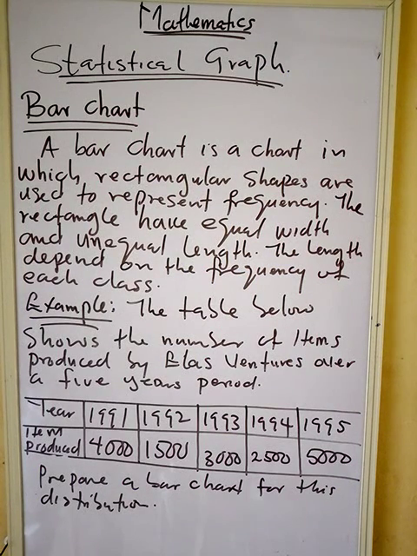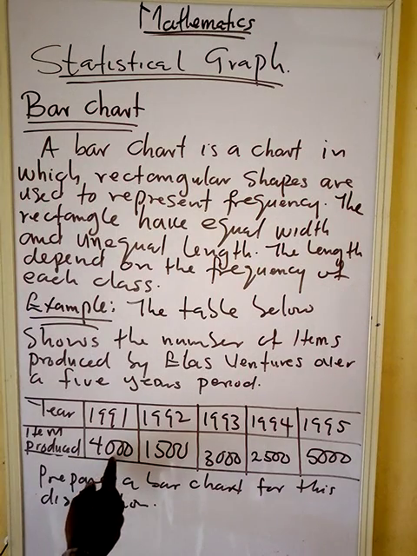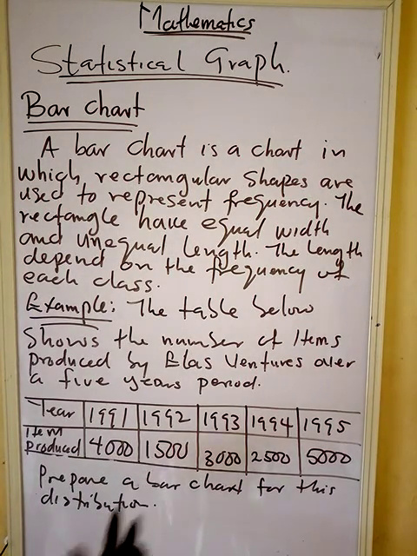Equal width. That is, their breadth must not be bigger than each other. But the length can vary based on the number of items. For example, 4,000 cannot be the same length as 1,500, but their width has to be the same size.